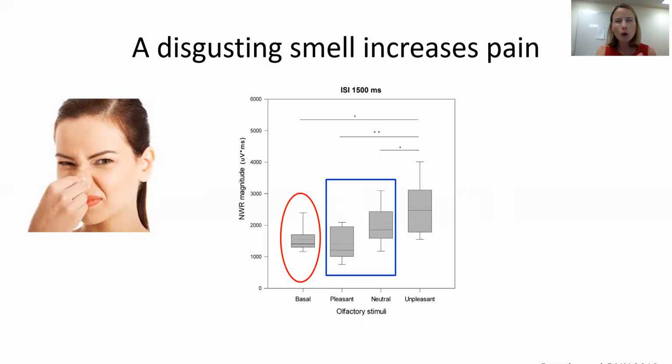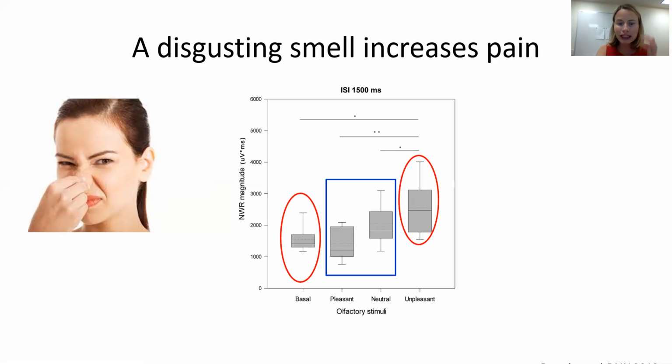However, when they wafted in the smell of an incredibly stinky fart, look what happens to that reflex. It's upregulated, its magnitude increases. But let's just take a moment to appreciate this. A bad smell is causing literal neurophysiological upregulation of the way that you protect your body, your threat reflexes.